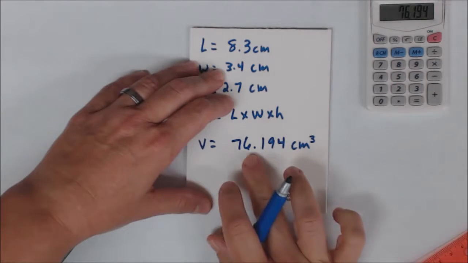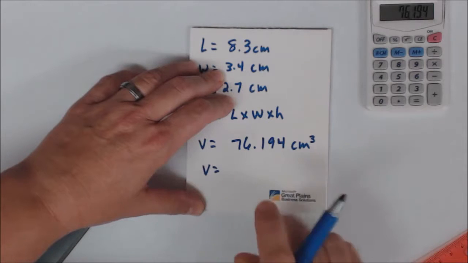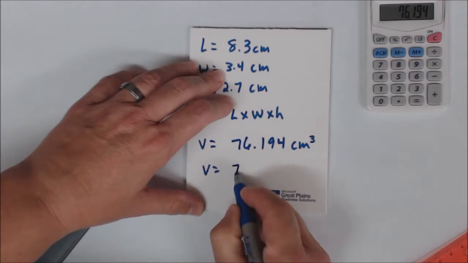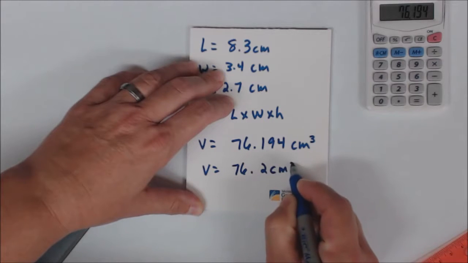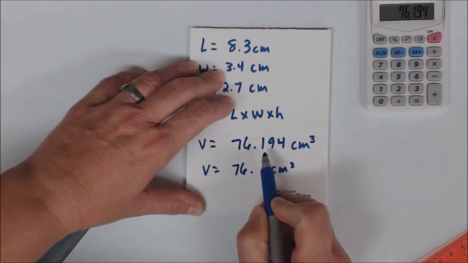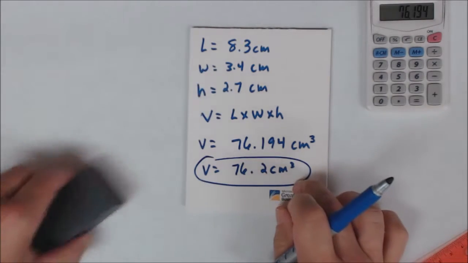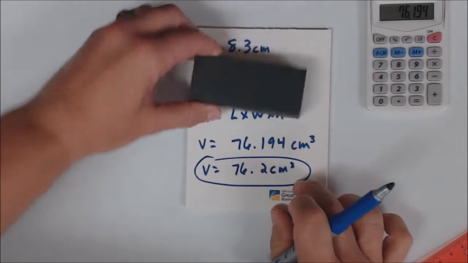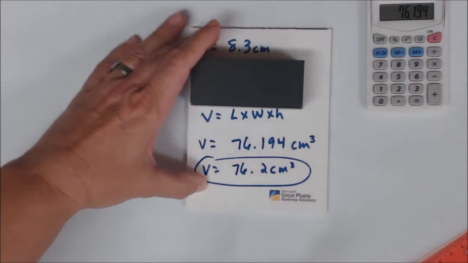So instead of saying 76.194 centimeters cubed, I actually need to round that to the nearest tenth, which is going to make this answer 76.2 centimeters cubed, because remember, that 9 is going to cause that 1 to get rounded up to a 2. So my final answer, the volume of this plastic rectangular box, is 76.2 centimeters cubed.